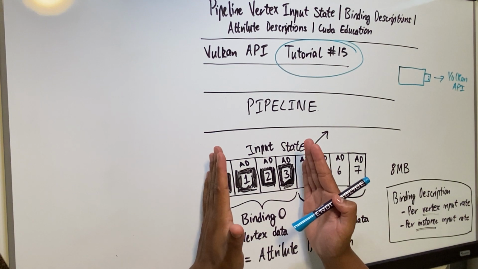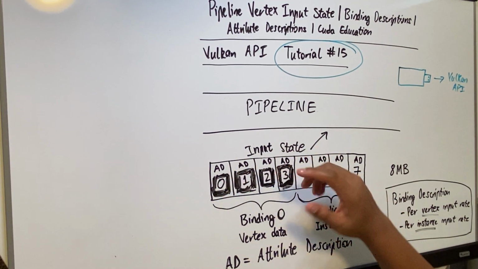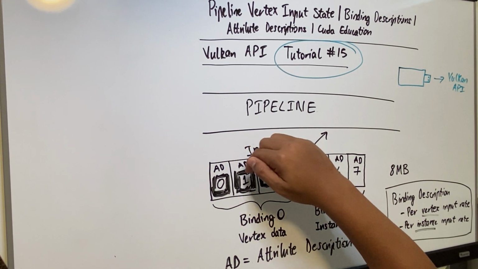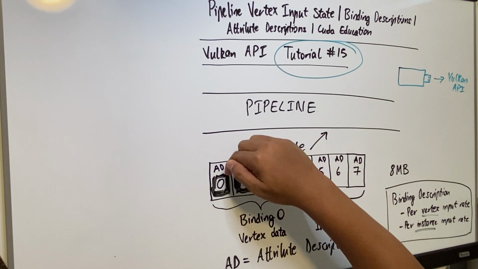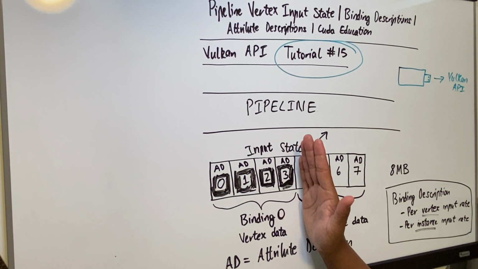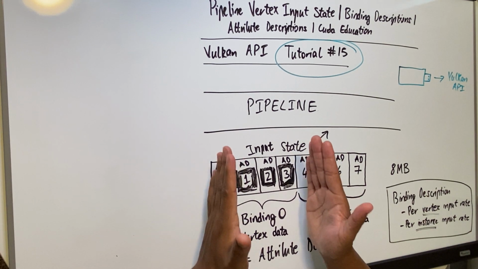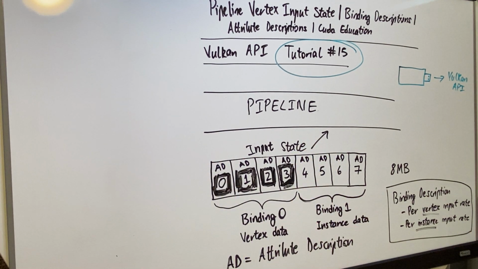So right now we're dealing with binding 0. In binding 0, we have vertex data, as we have said, but then you have 4 locations, location 0, 1, 2, and 3. So we now have a blob of data that we know is vertex data. But we have to be more specific.